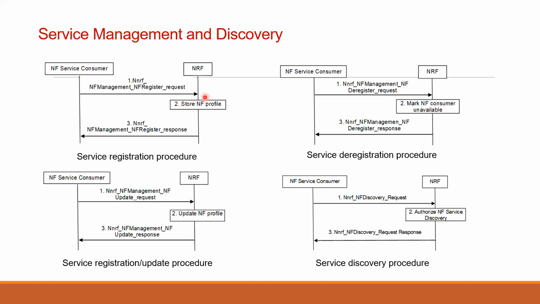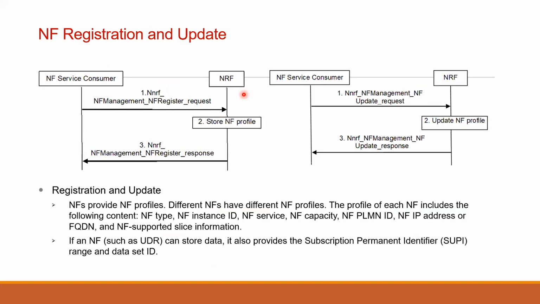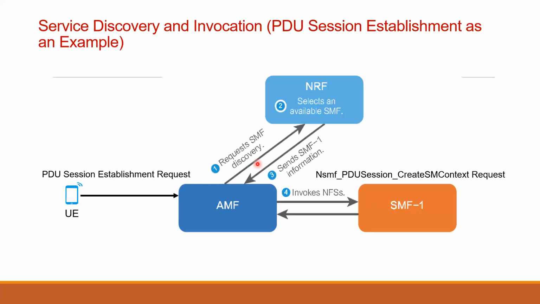So this is the main functionality of NRF: to manage and maintain the profile of different network functions and then provide those specific network functions as per requirement. Similar to how your registration and your update is done. This is a simple example of how NRF works.